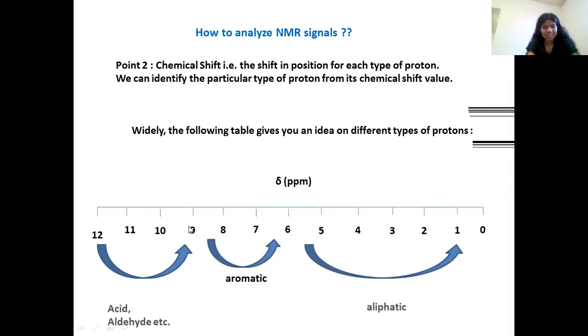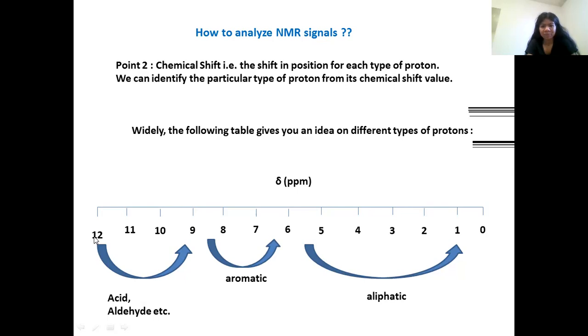Here you can see the table. The chemical shift value can be from 0 to 12, even up to 14. Usually we check from 0 to 14. This is a general idea about the type of protons, not very specific.